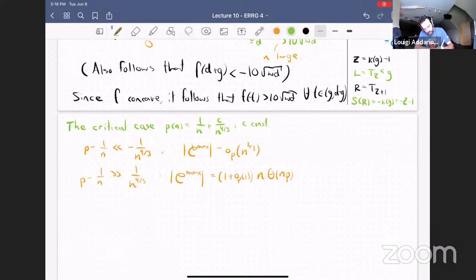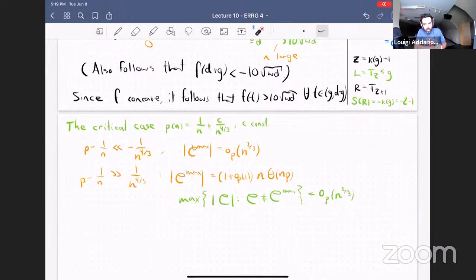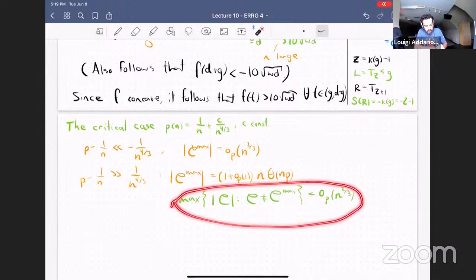and the size of the second largest component, so if I look at the maximum size of a component which is not the largest component, that's also little o of n to the 2/3 in probability, right? So we saw this in two pieces.